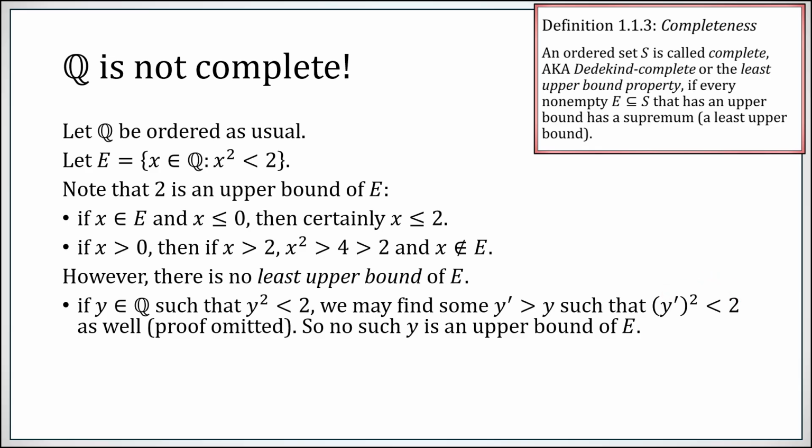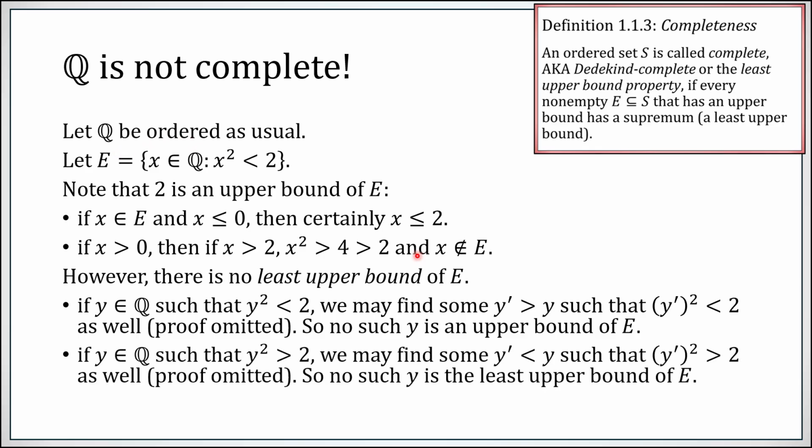It's a little tedious, but if you have a rational number whose square is not quite 2, you could have started with something very, very slightly larger and still have a square less than 2. So no number whose square is less than 2 is an upper bound of E. That actually tells us that no element of E can be an upper bound of E.